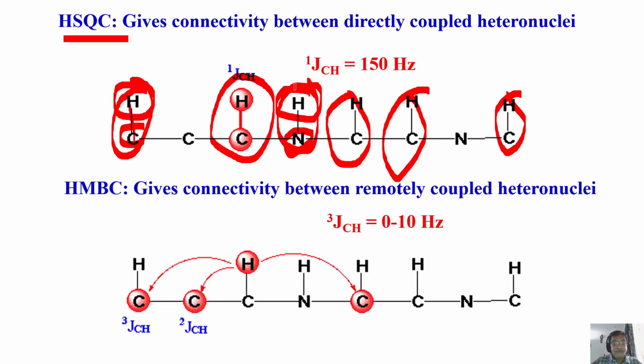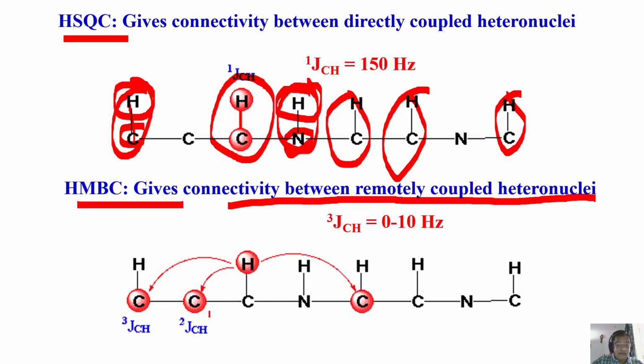Now if you come to HMBC, it gives connectivity between remotely coupled heteronuclei. For example, this carbon's correlation to this proton can be seen. This is of course one bond, I'm sorry, two bonds. This is three bonds. So this is a three-bond correlation, excluding this one.